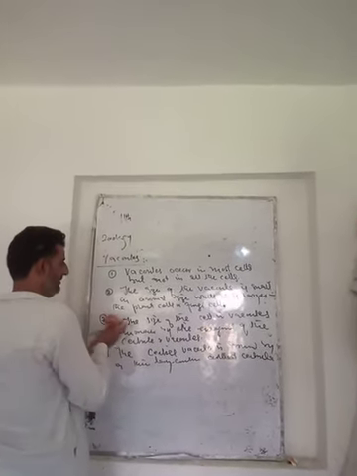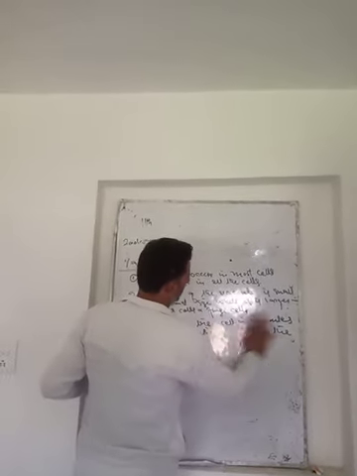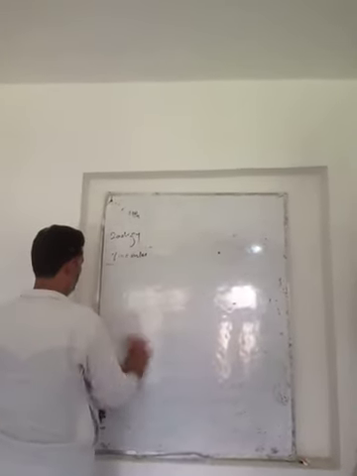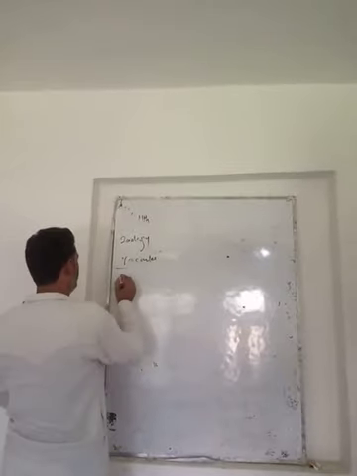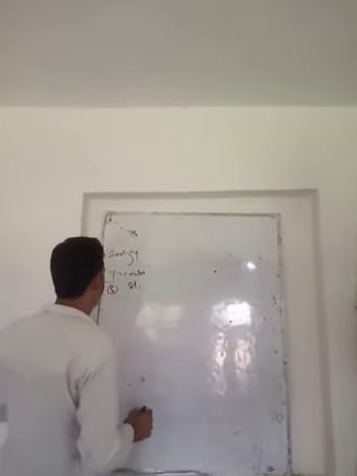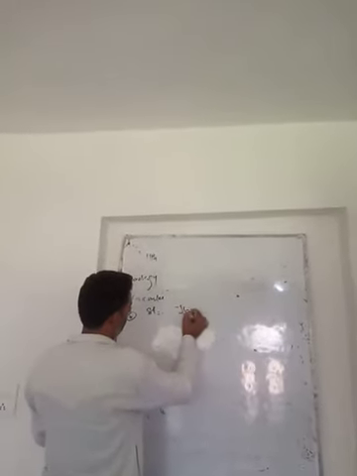Now, the next point about the vacuoles is the structure of the vacuole, the fifth point.